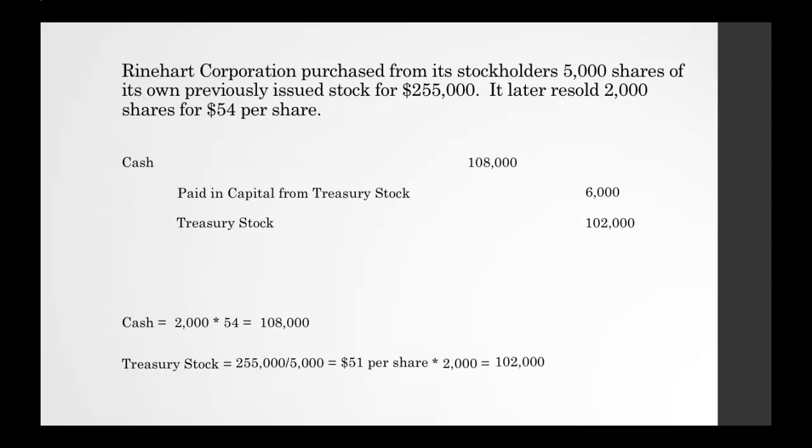Well, $3 per share times 2,000 shares gives us our 6,000 amount that we see there. Then, when we're dealing with treasury stock, it's not a bad idea to keep a T account of our paid in capital from treasury stock. So we'll do that over in the corner, and we'll show this credit of 6,000 for our paid in capital.